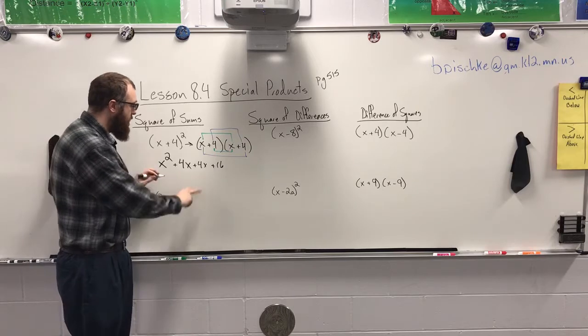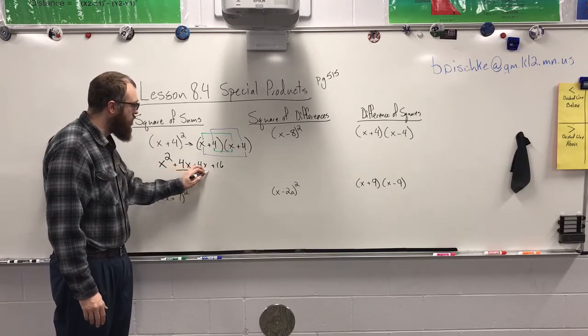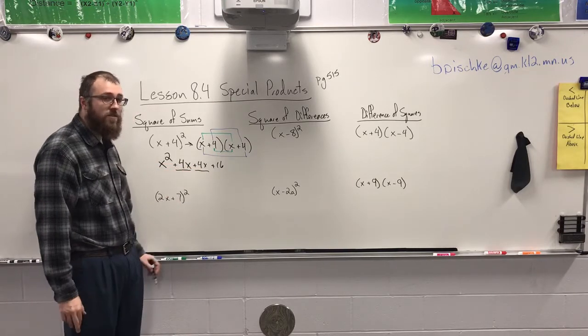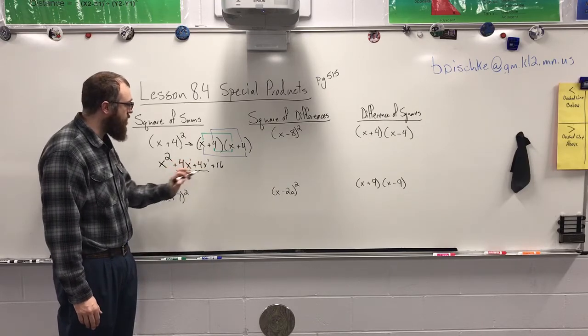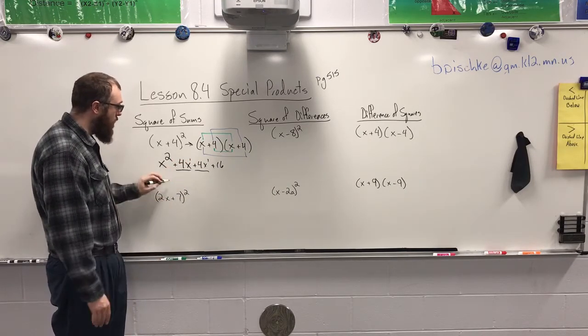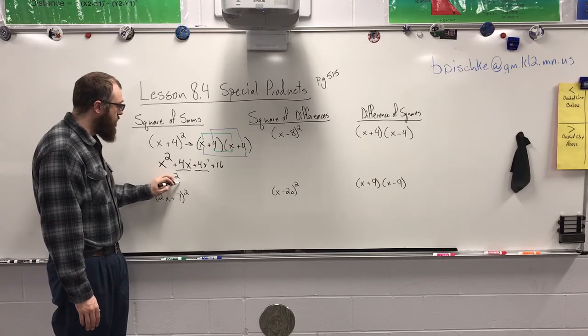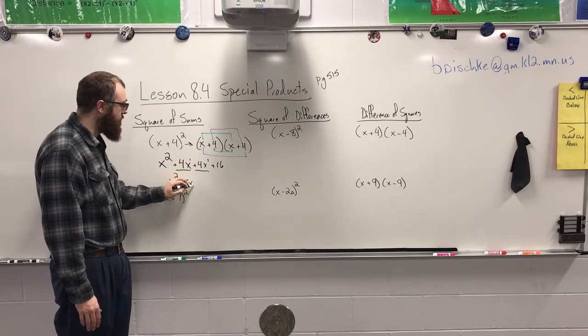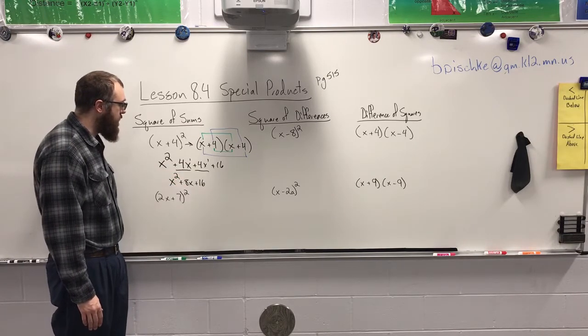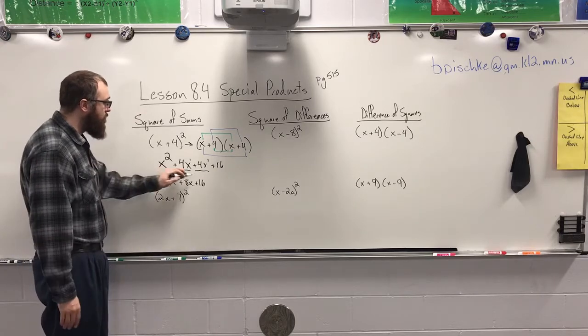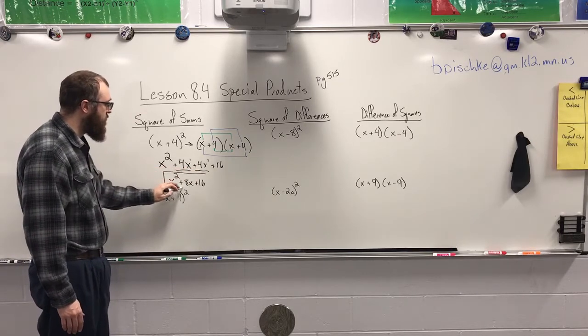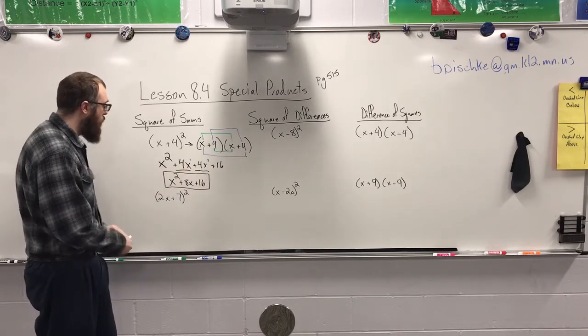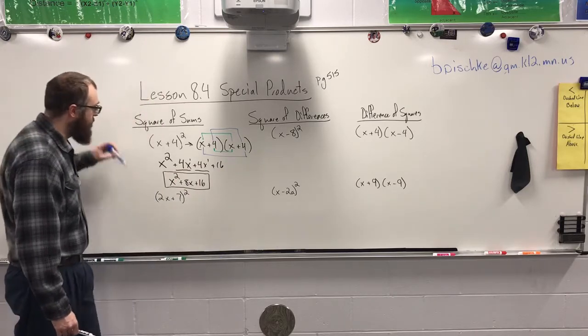Now, to clean this up, we can put these middle two pieces together because they are like terms. They are both x to the firsts. So I end up with x squared plus 8x plus 16. Now, there's a very important relationship in this solution that we need to identify.